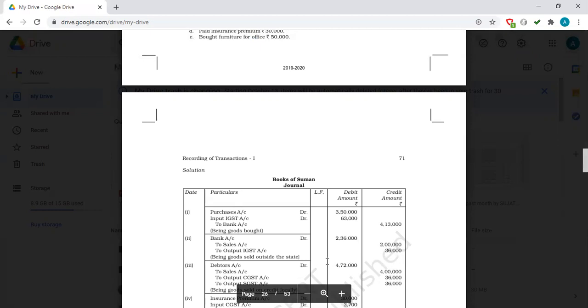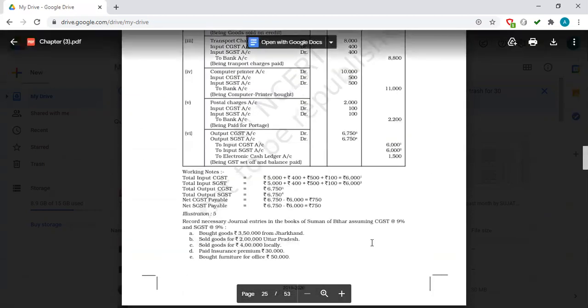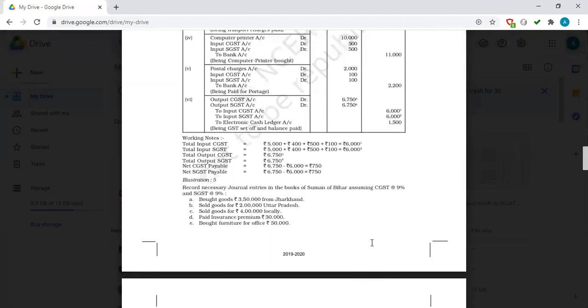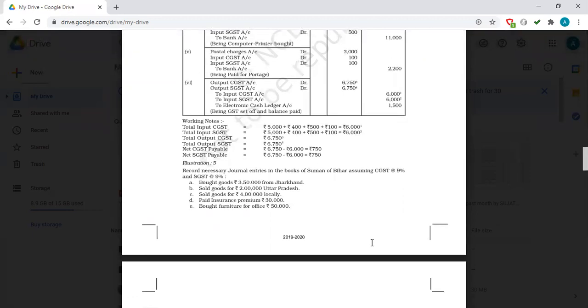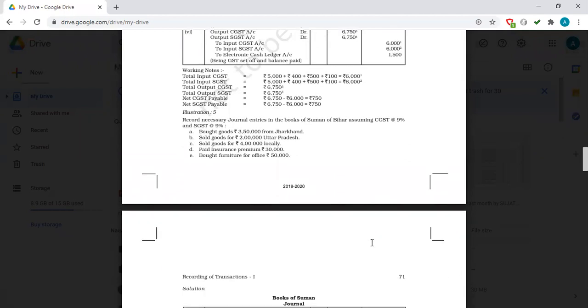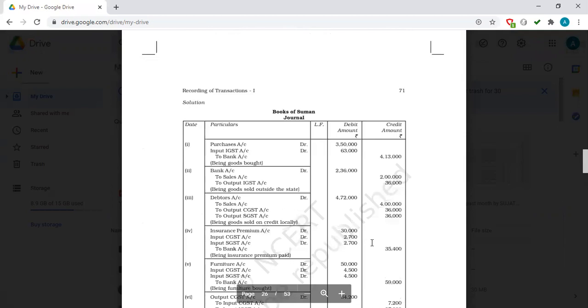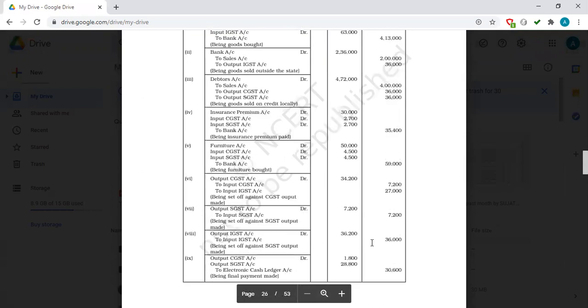I had written bank, but it's not bank. If you are confused, you can write bank, I will give you marks.